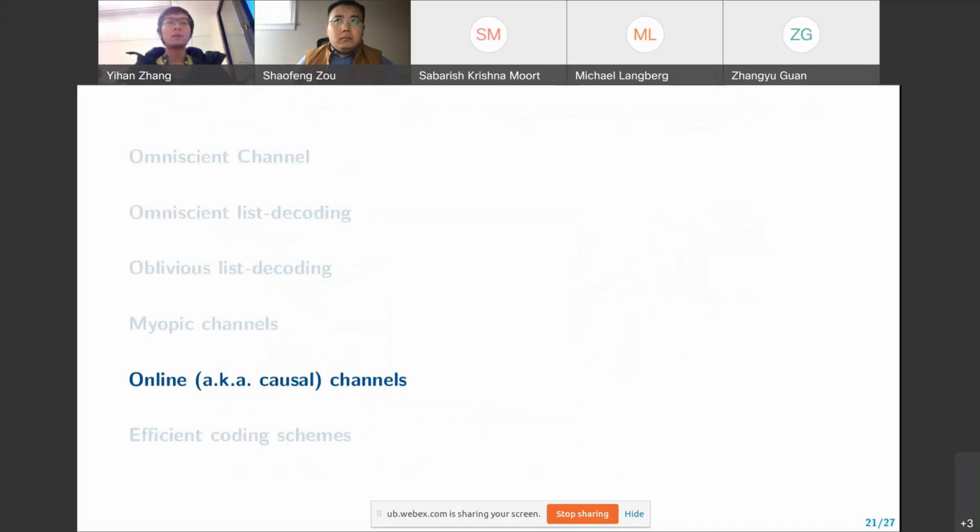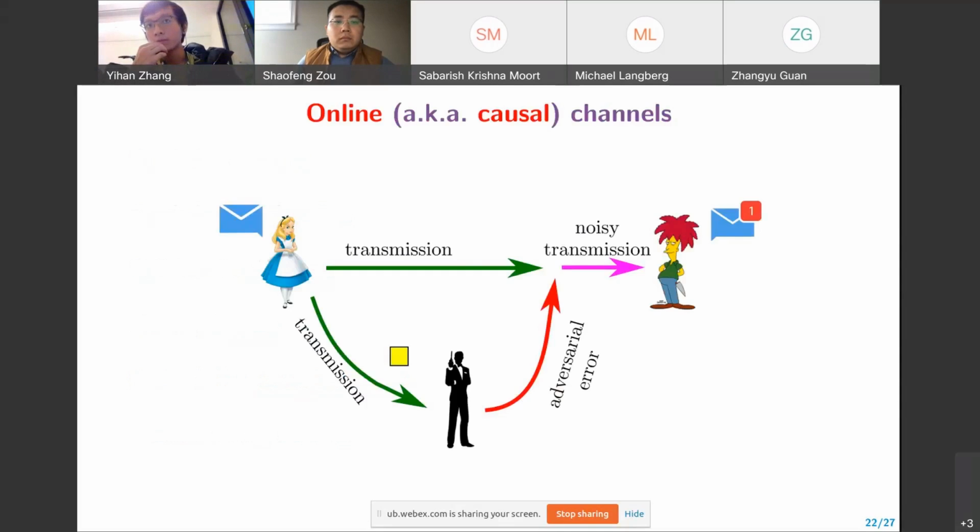Now let me mention the last model, which is the online model, also known as the causal model by information theorists. So here, the adversary also knows the transmitted codeword, but again, subject to some constraints. What is this constraint? It's causality.